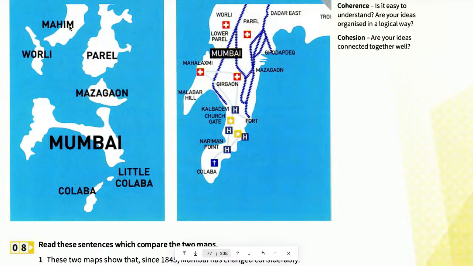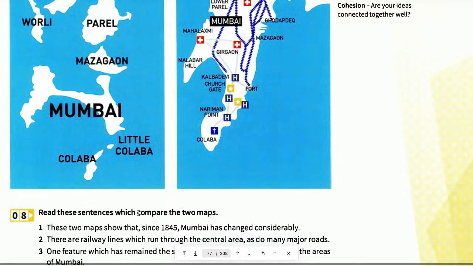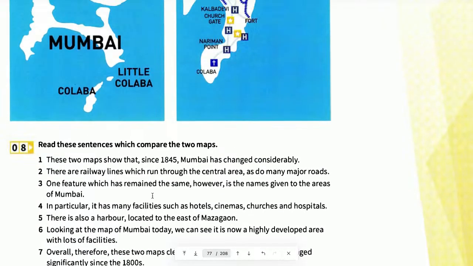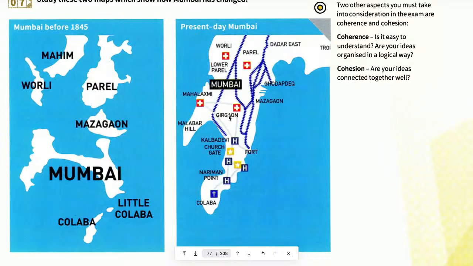We have Mahim, Worli, Parel, Mazagon, Mumbai, Colaba, and Little Colaba as well, right? 1, 2, 3, 4, 5, 6, 7. Yeah? 7 of them. Okay? And as opposed to the one mainland which exists today. Yes, today they only have one mainland.